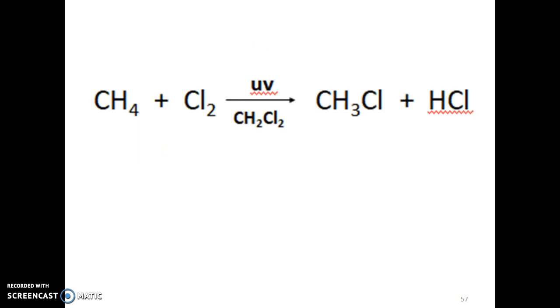Okay, back to our equation. In step number 1, we produce the Cl free radical. As I mentioned before, not all Cl2 is broken in the chain initiating step. Maybe only half, maybe only a quarter of the Cl2, or maybe only one Cl2 is broken to form Cl free radical. So in the chain propagating step, it initiates the reaction by reacting with CH4 and produces the CH3 free radical.